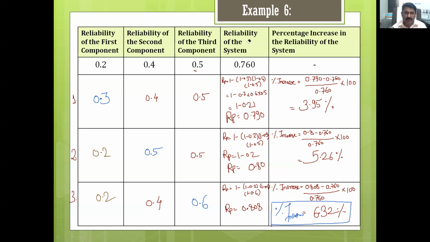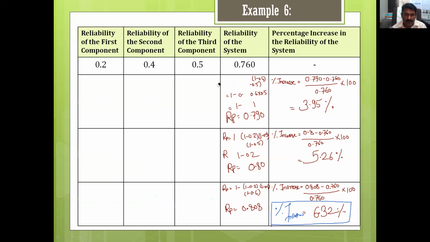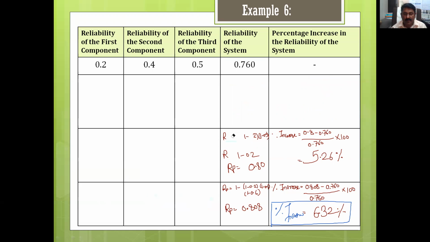Okay, so let us proceed further. So it is observed that a 0.1 increase in the reliability is made for all the components, and the effect of this increase on the percentage increase of reliability of the system is analyzed.